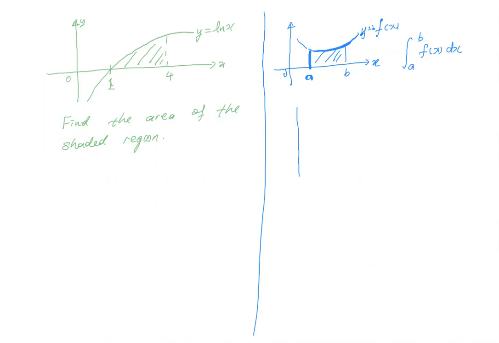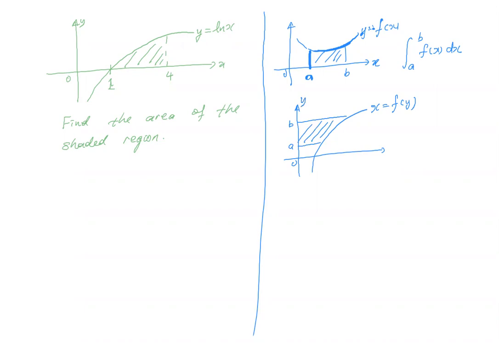Now, if I have another situation whereby I write my x equal to f(y), I can write x in terms of y, okay? So now I let this be the limit for y, that is a to b, and this area is bounded by the y-axis.